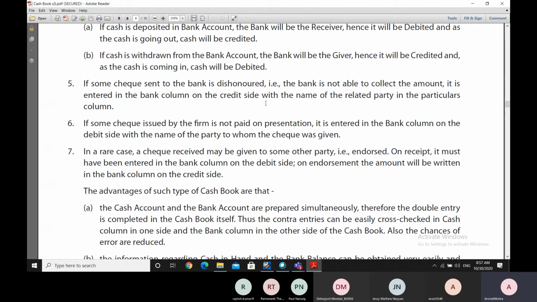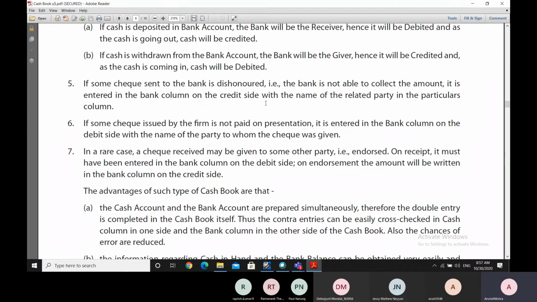We have treated it as if cash is taken out and it's sent to the bank. Because when we are writing a contra entry for taking out the cash and sending to the bank, how are we writing it?